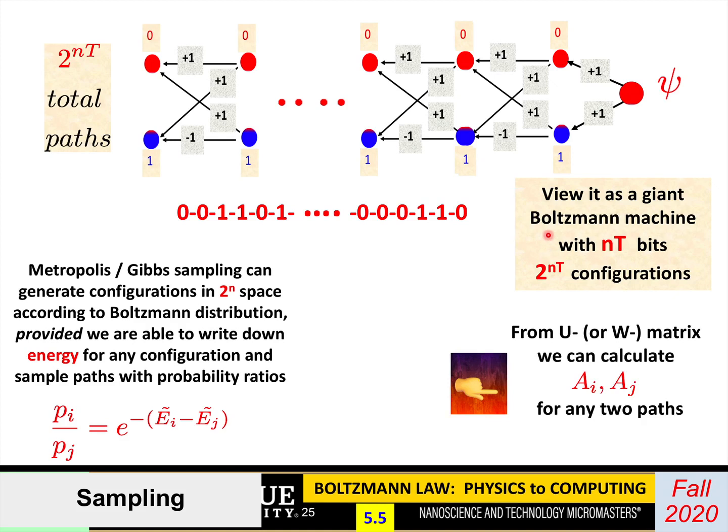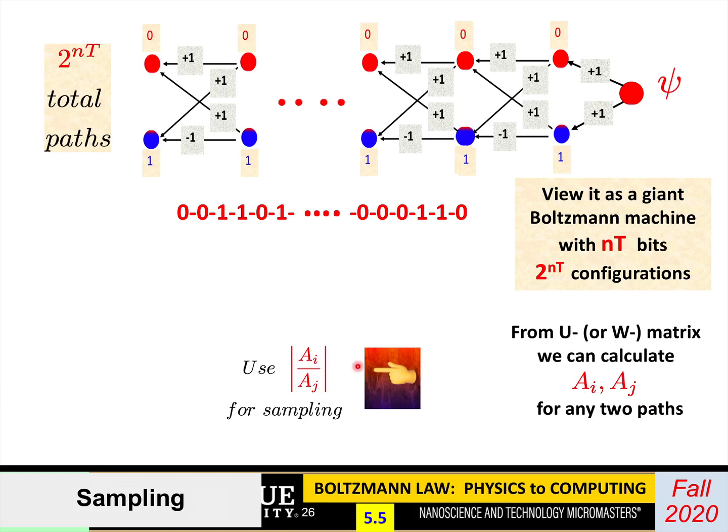Now, what we could do here is choose a particular path and then write down the amplitude for that path. And then the next one we consider, again, write down the amplitude. And just like your old sampling techniques, we use the magnitude of this ratio of amplitudes to decide to choose the next configuration. So the methods would work just like before, but the amplitudes are now complex, and we'd use the magnitudes to decide the sampling.